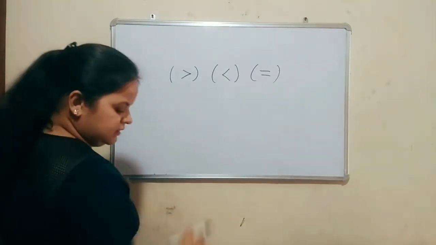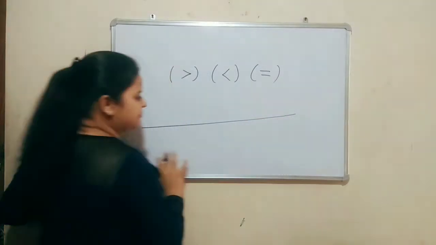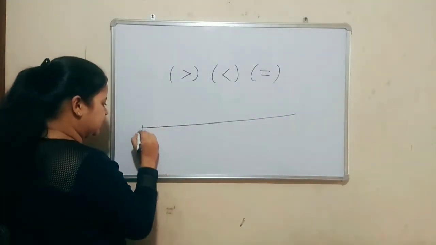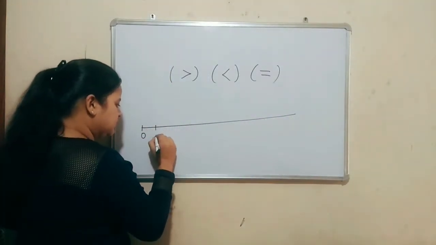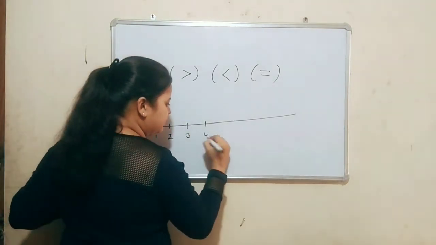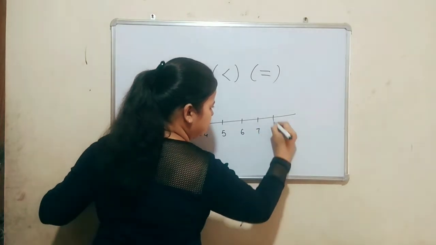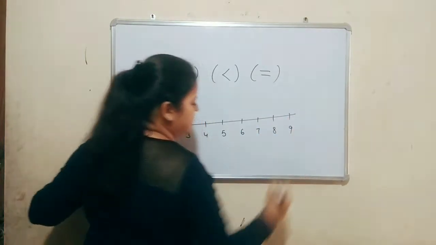Again we will do it with a number line. Here we have a number line starting from 0, 1, 2, 3, 4, 5, 6, 7, 8, 9.